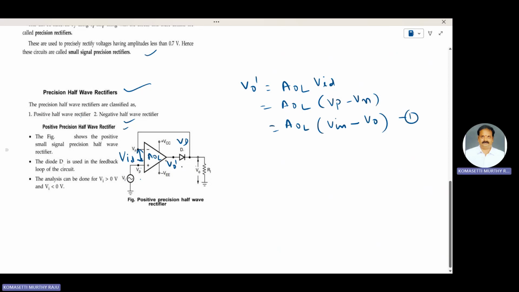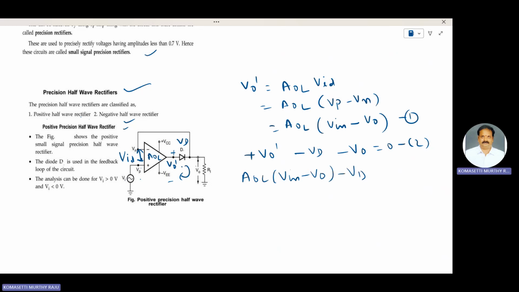Apply KVL to this loop: V0 dash minus VD minus V0 is equal to 0. This is the second equation. Substitute the first equation into the second equation. Instead of V0 dash, we write AOL into Vin minus V0, minus VD minus V0 is equal to 0.